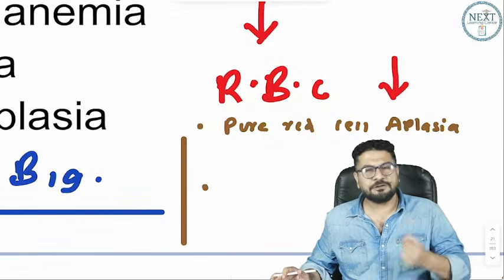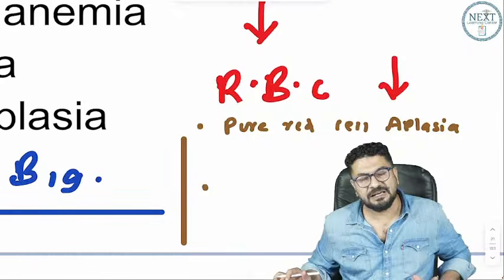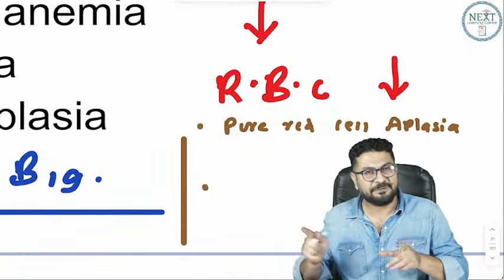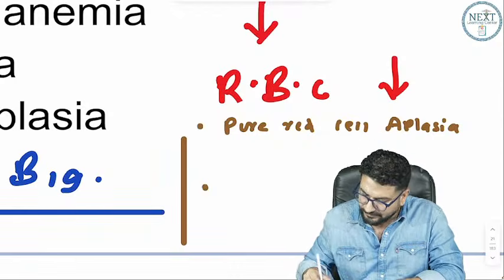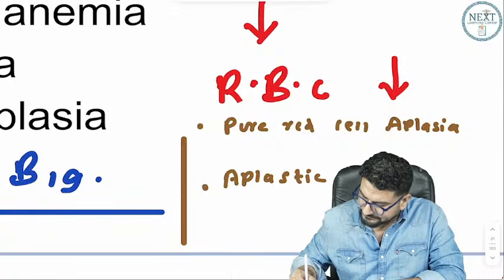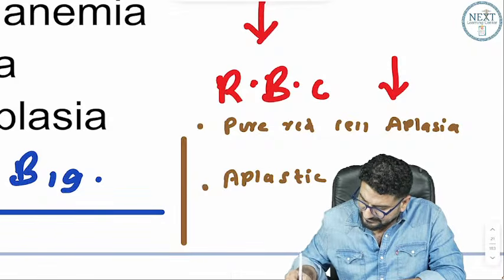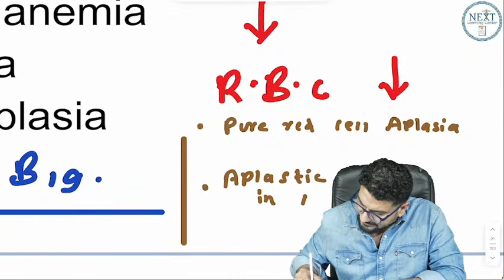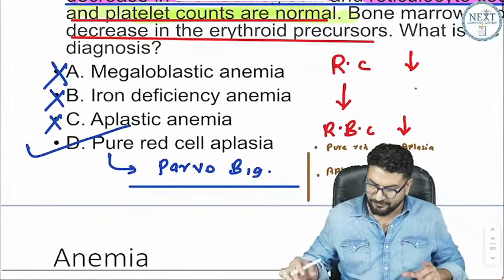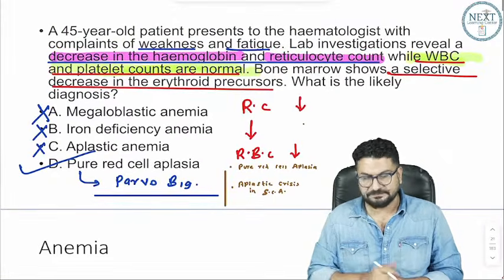Second, in those patients who already have sickle cell anemia, it can convert that sickle cell into pancytopenia, meaning sickle cell into aplastic anemia. So what do we call this? We call this aplastic crisis, where in a patient of sickle cell anemia, it can cause aplastic crisis. So this is about your parvovirus B19.